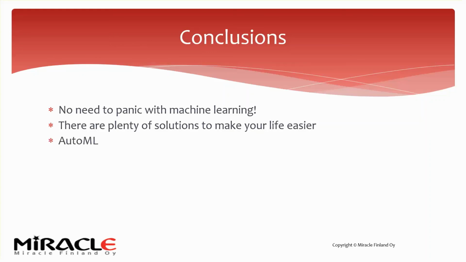We talked about AutoML, which automates many steps of the machine learning process. You still need to define the task. So what are you going to do with machine learning? What is the business problem you're going to solve? You still need to find the data for it and somehow prepare the data so that it's usable for machine learning.